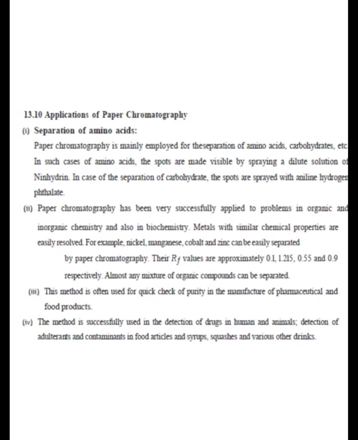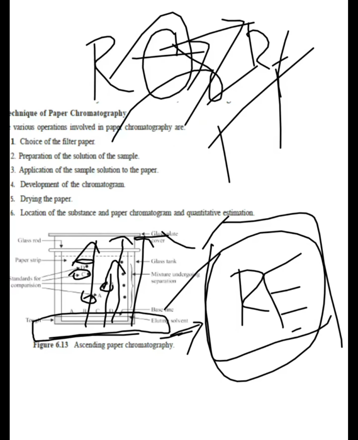And the location of the substance, the paper chromatogram or quantitative chromatogram. Here, it mainly depends on the filter paper. Further, the choice of the filter paper should be with clarity, and the solvent can be moved easily.